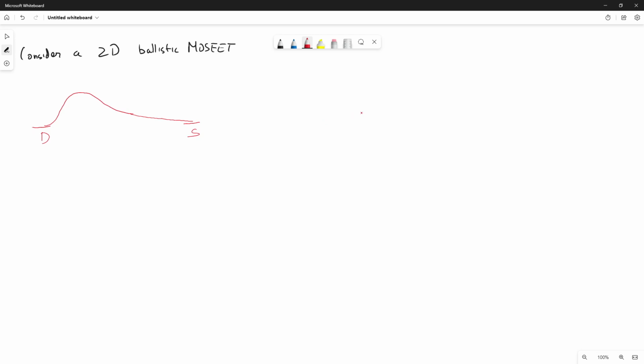Okay. So, oh yeah, I forgot to mention that. This is an N MOSFET. Is it an N MOSFET? Yes, of course it is an N MOSFET.